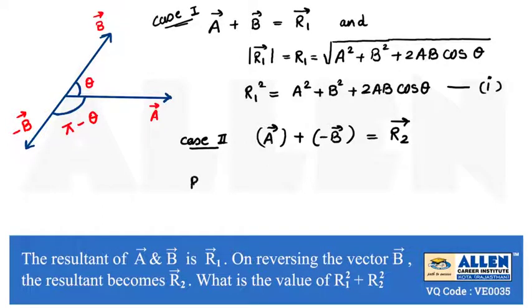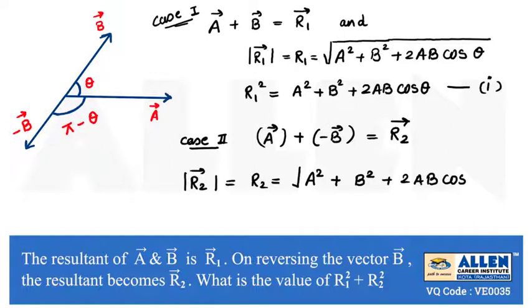If we talk about the magnitude of R2 vector, we can write it as simply R2. It will be A square, where A is the magnitude of the first vector, plus B square, where B is the magnitude of the second vector, minus B; the magnitude remains the same but the direction gets reversed, plus 2AB cos theta.